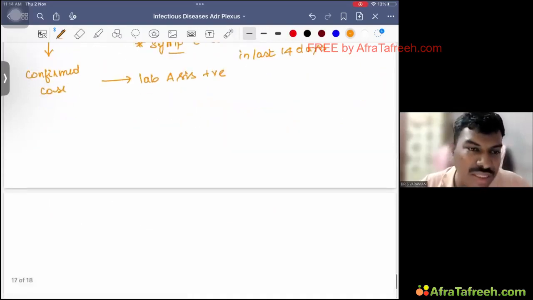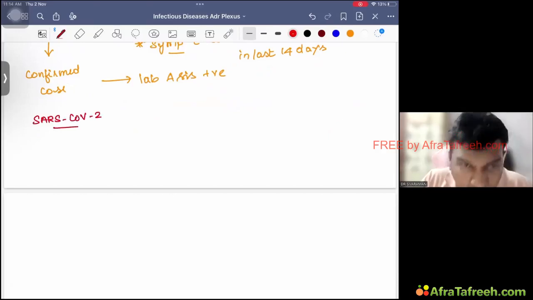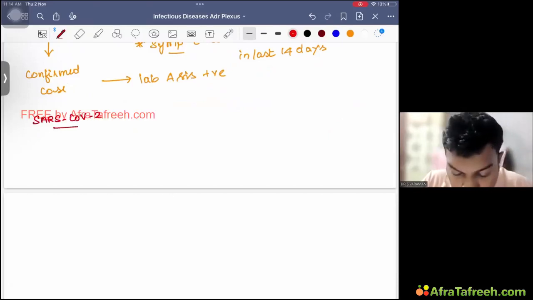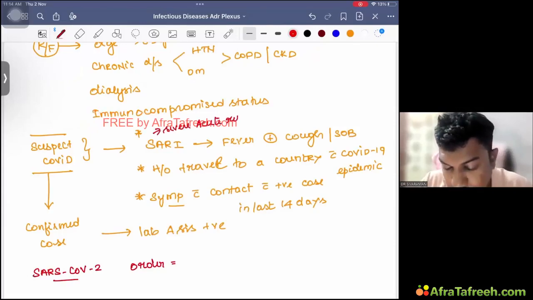So what is this virus? This virus is the SARS-CoV-2 virus, as I told you already, severe acute respiratory infection.